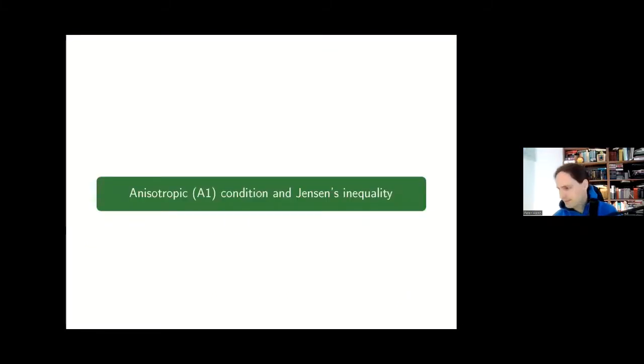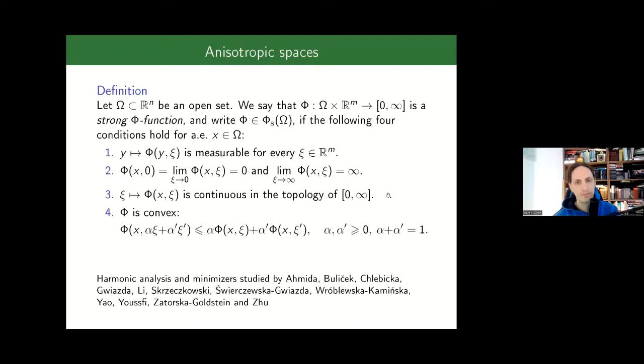So now, for the final 10 minutes, if I'm correct on the time, I want to link to the fully anisotropic case. Here I give a new basic definition. You see, in contrast to the previous one, here it is not (0,infinity) but Rm.